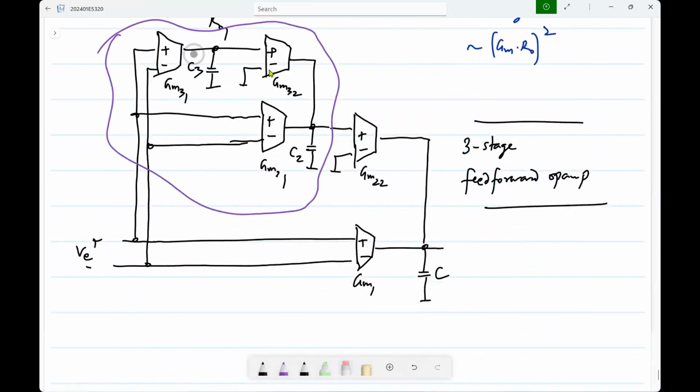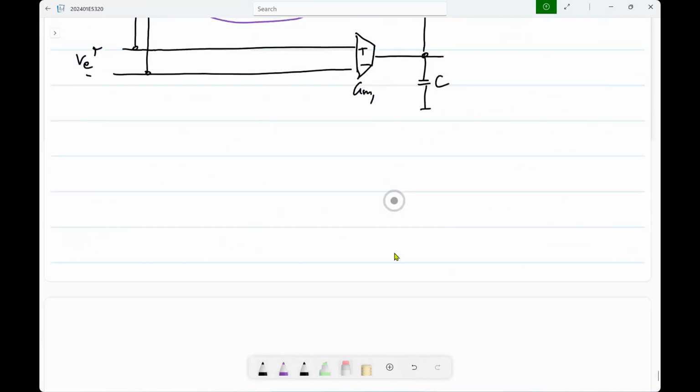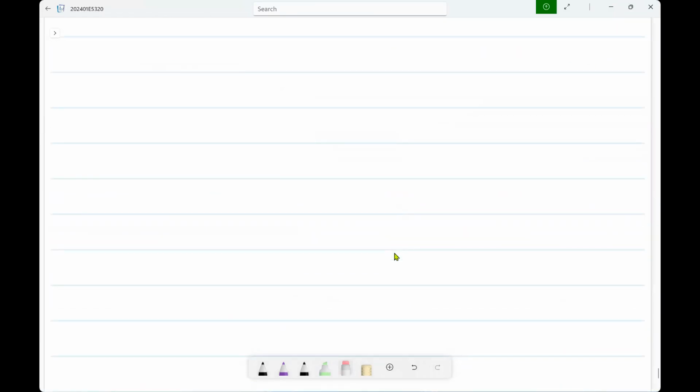And the same here. These paths must be slower than the main path. Any questions here? So now we can do a bit of analysis.